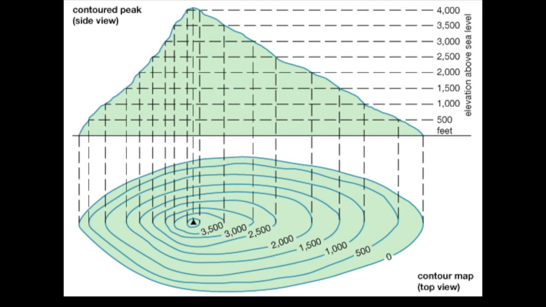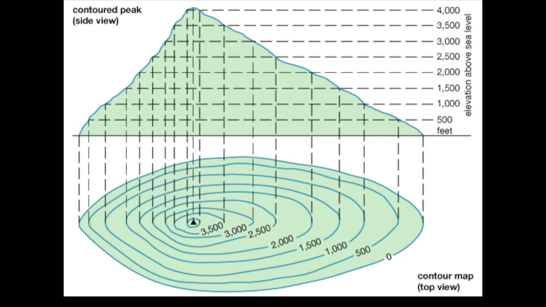That smallest circle tells you that's the very top of the peak. The triangle is not on all peaks, so don't use that as a reference. It's basically just the small enclosed circle.